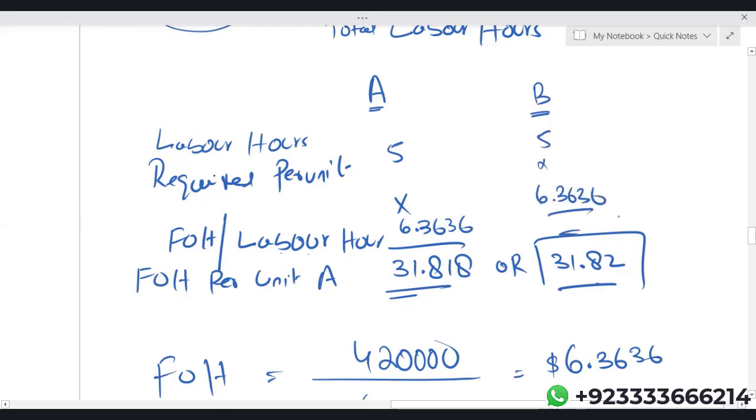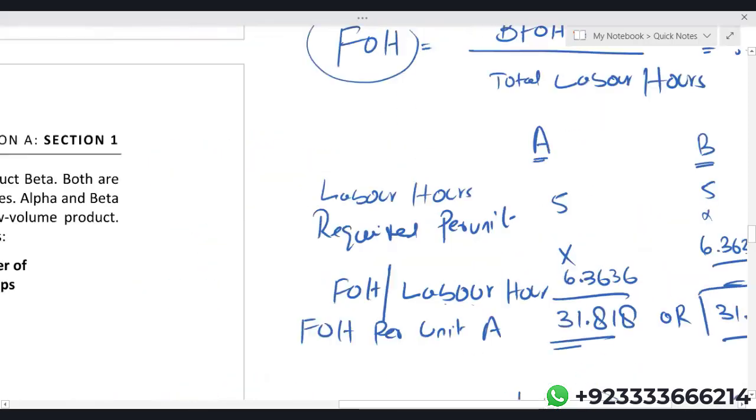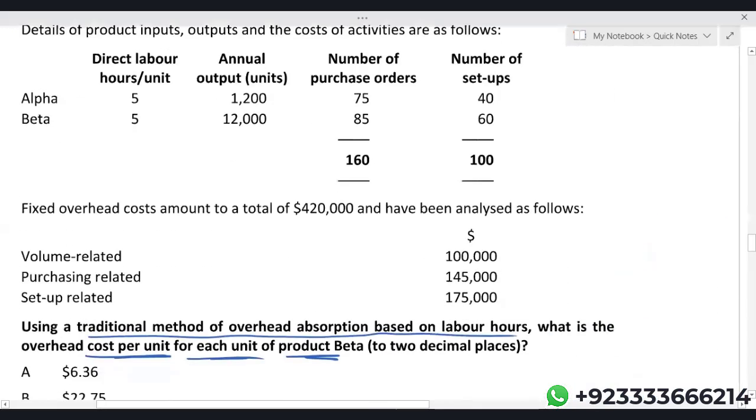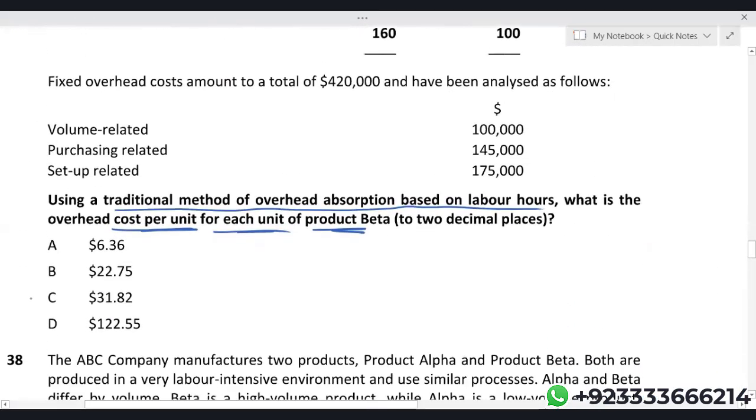So definitely the result will be the same, 31.82. Labor hours required per unit for product B is the same, and the FOH rate per labor hour is obviously the same. So the result of both the questions is the same. That's great.